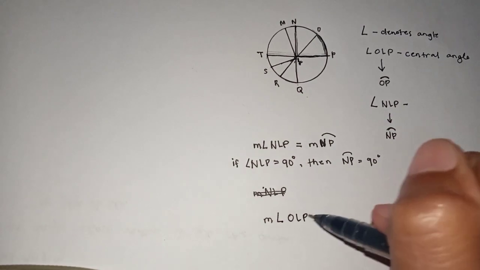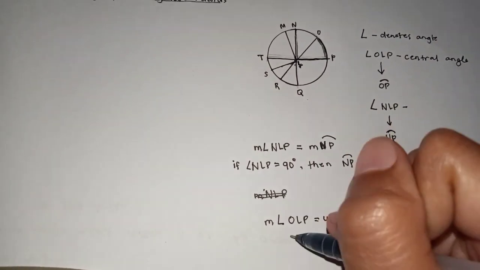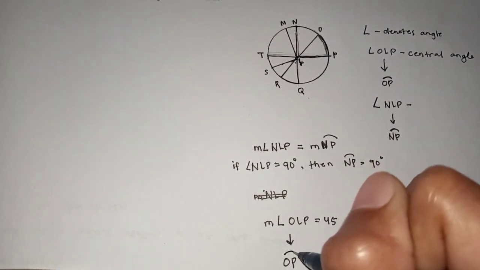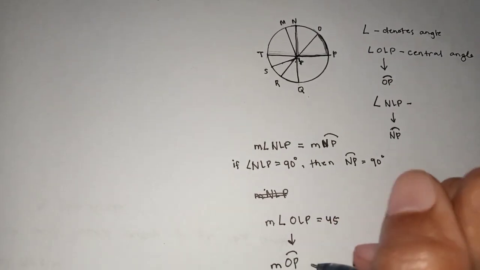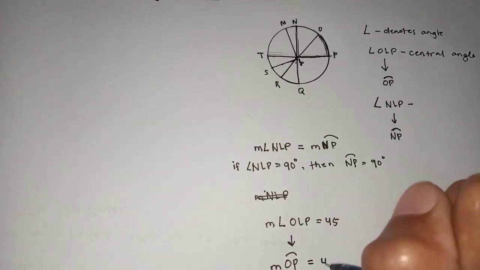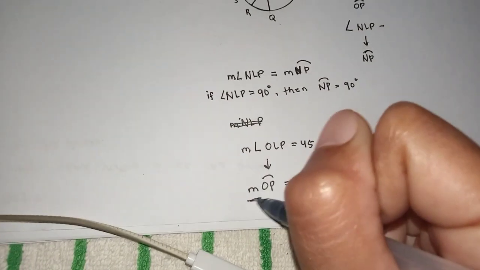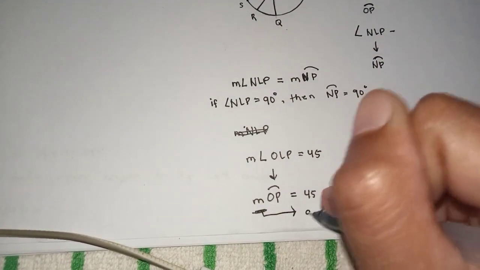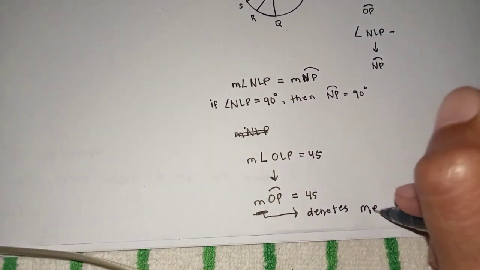We don't need to put the degree sign since we have an M in front of our symbol, where M stands for measure. As you can see, the measure of angle OLP and the intercepted arc OP is the same. The relationship between the intercepted arc and the central angle is that their measurements are always equal.